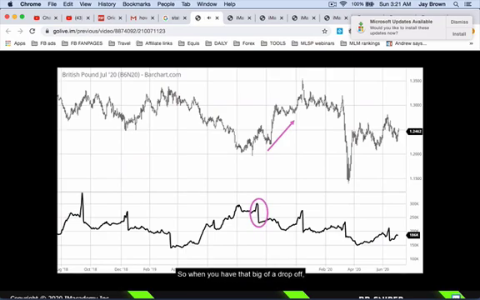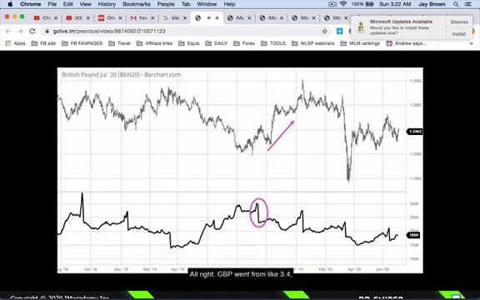So when you have that big of a drop off after a long period of essentially having a bearish market, because the market was essentially bearish since around March, April of 2019, and you can see that on the chart.